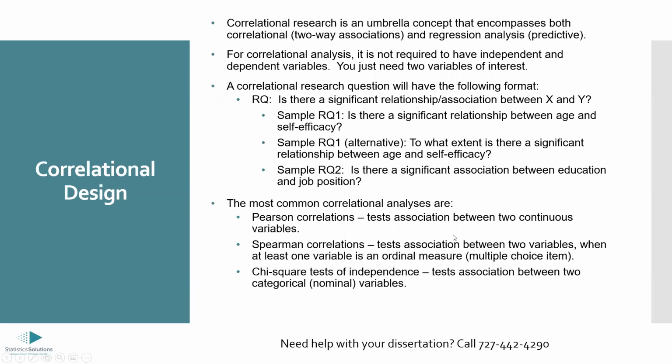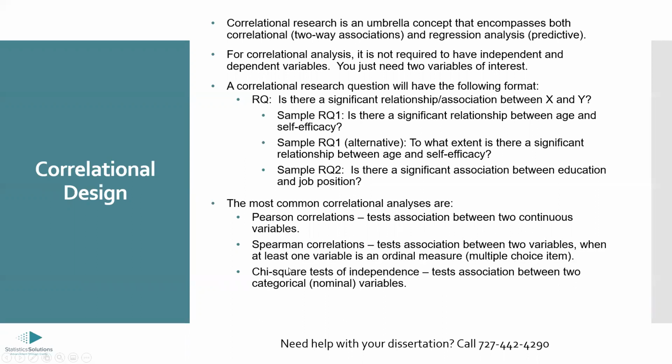Now, the analyses that can be used to address these questions are all correlations. You can run a Pearson correlation if you have two continuous variables. So a few slides ago, I mentioned level of measurement. You can have continuous, you can have nominal, and you can have ordinal variables. So you need two continuous variables to run a Pearson correlation. To run a Spearman correlation, you need to have at least one ordinal item. So a multiple choice item would suffice there.